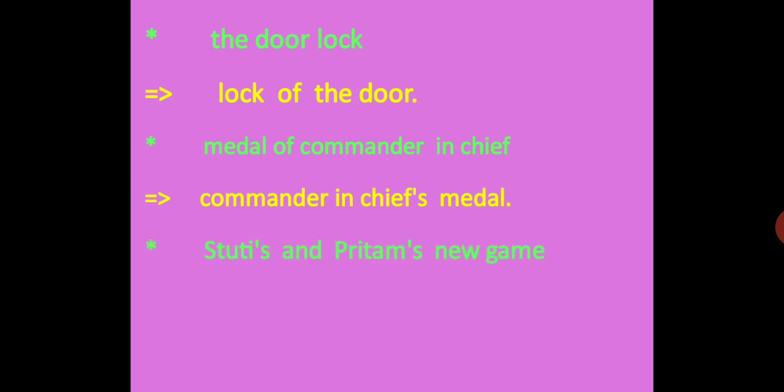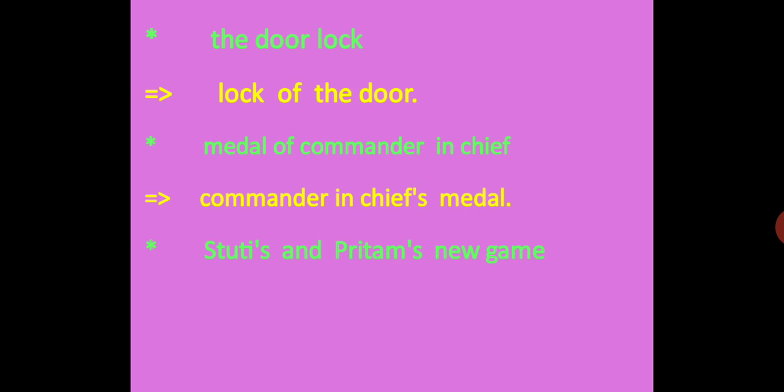The next question is Stuti's and Pritam's new game. Here game is in a singular form. Then this is an incorrect sentence. How can we write the correct sentence? What can we do to write the correct sentence? Do you know? Yes.